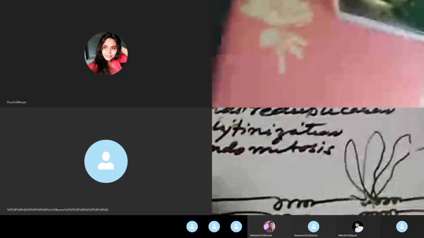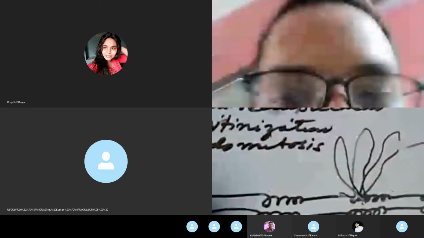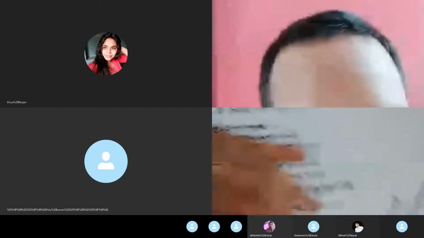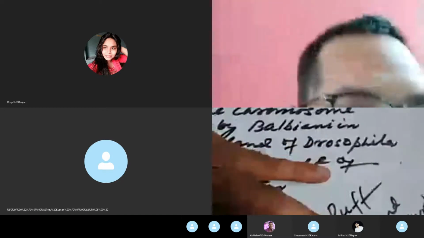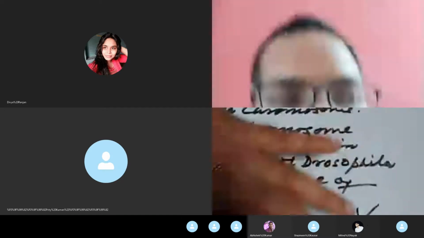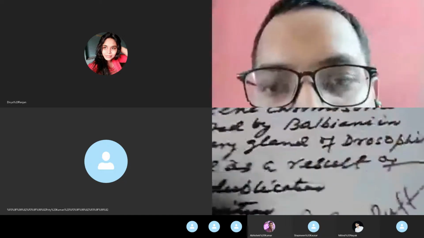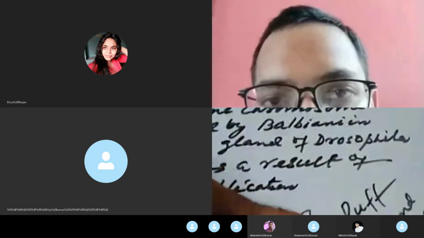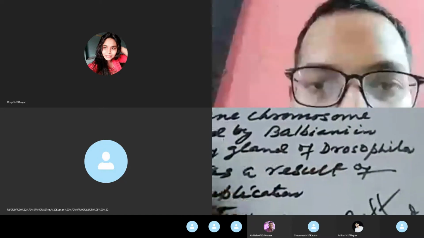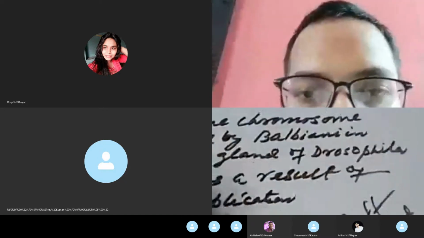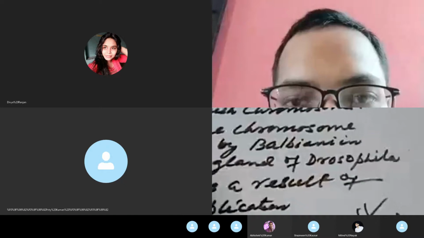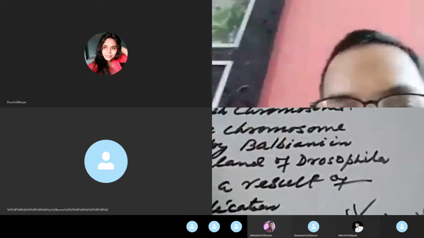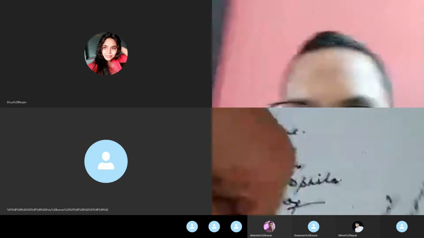The Balbiani ring is named after the discoverer. Balbiani was the one who for the first time reported the polytene chromosome. So, as far as the structure is concerned, the polytene chromosome consists of a large number of fibrils or chromatids present together, and along the length of this multi-stranded structure there are bands and interbands.